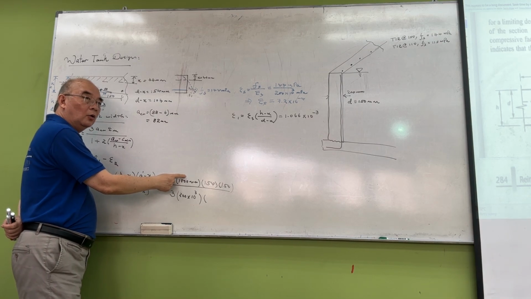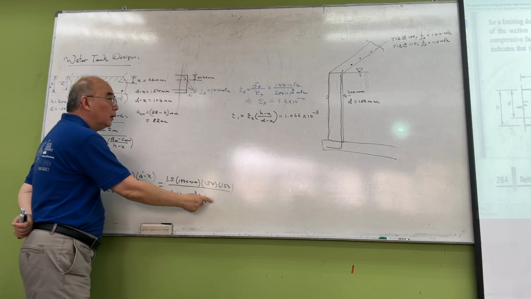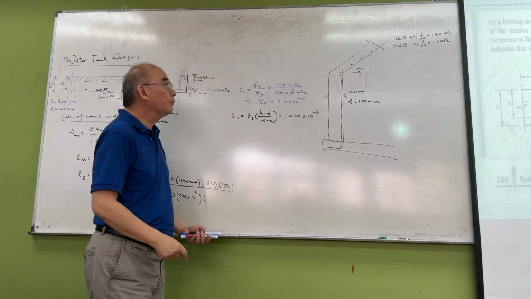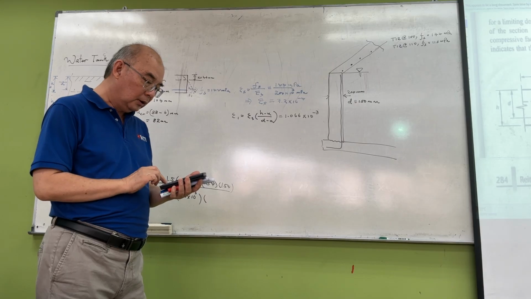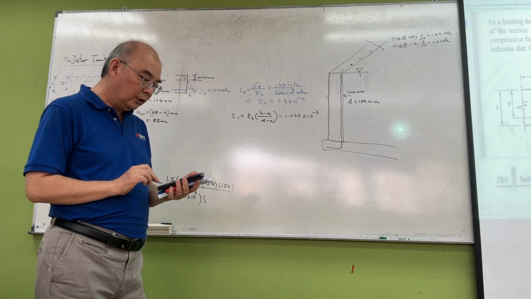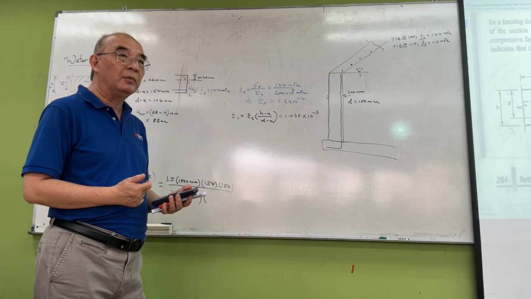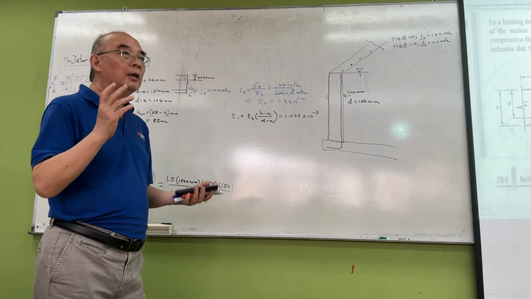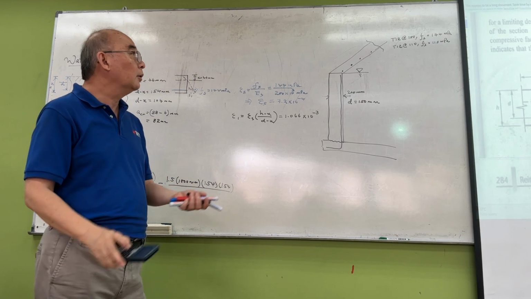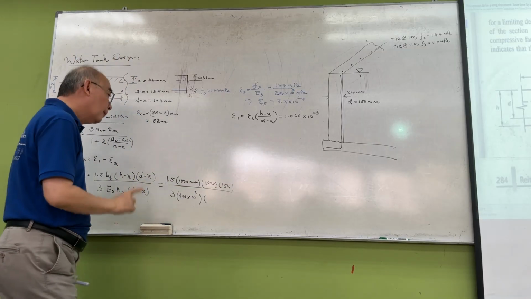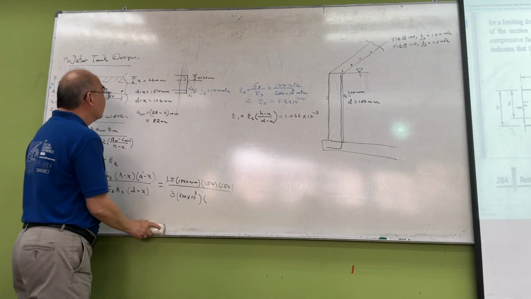Then here the As is how many bars? 1000 divided by 150 will be, I think, 6.67 bars, right? 6.67 multiplied by 113, which is the area of T12. Or you can do it like this.